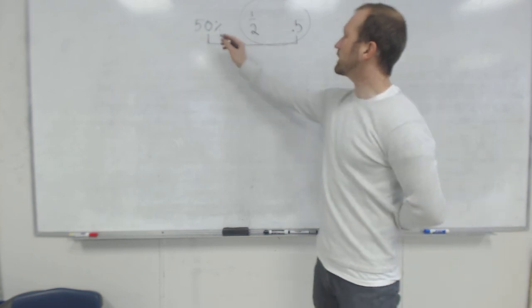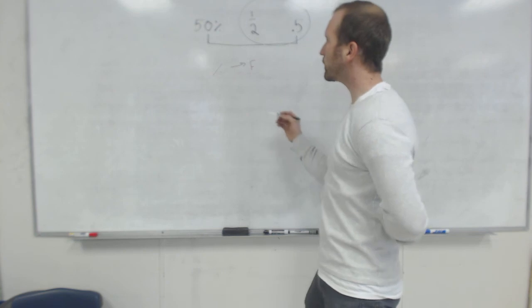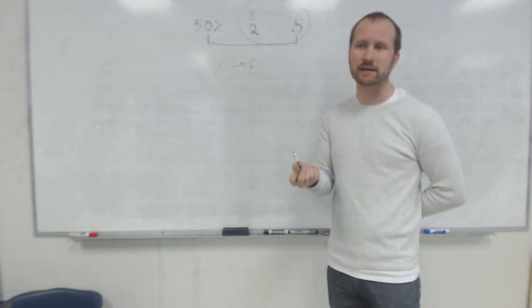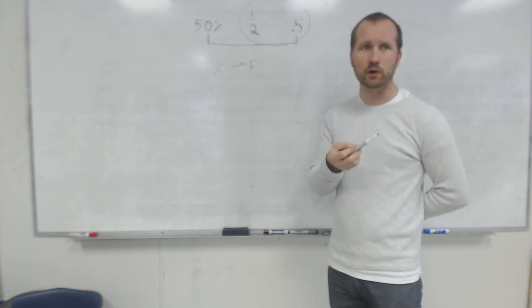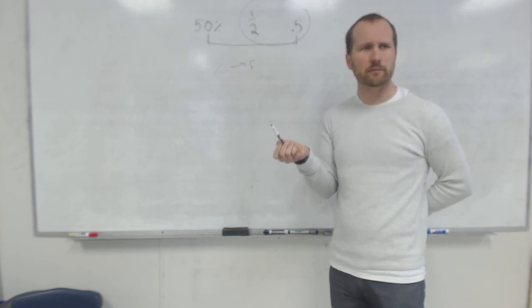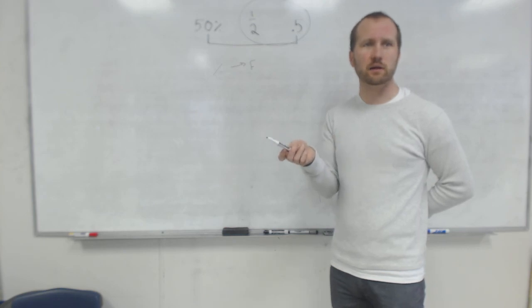All right. So the key to going from percent to fraction is to remember what percent means. Per cent. What does cent mean? How many cents are in a dollar? 100.